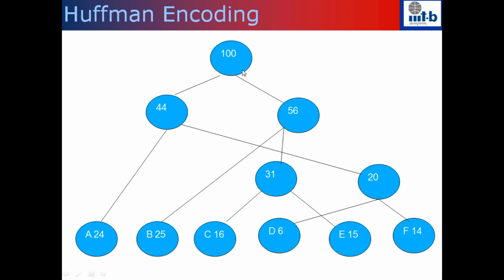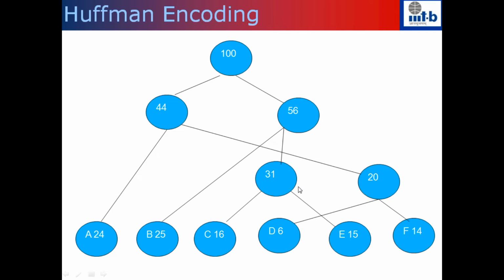And since it is a full binary tree, we know that the number of internal nodes will be exactly equal to 1 less than the number of leaf nodes. So the total number of nodes in the tree will be n plus n minus 1. In other words, there will be exactly n leaf nodes and n minus 1 internal nodes.